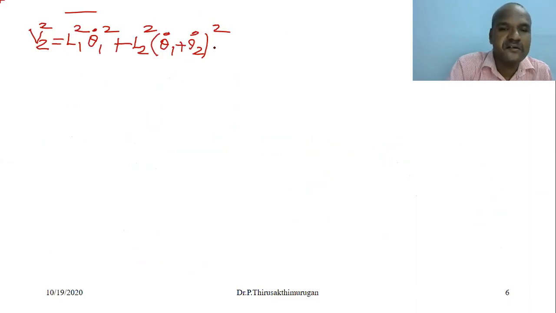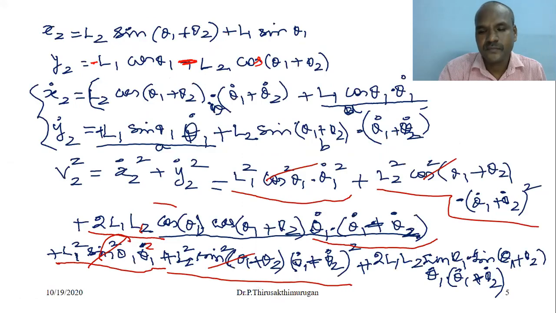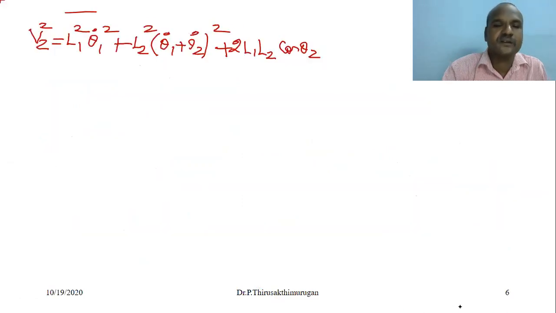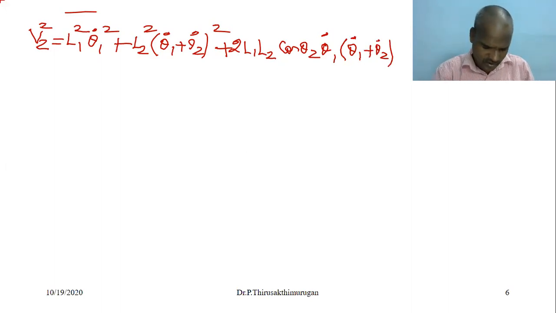Here, what we add to L1, L2, cos theta 2. Here, theta 1 dot into theta 1 dot plus theta 2 dot. So this is the equation for V2.